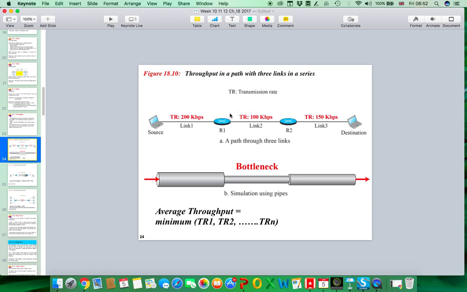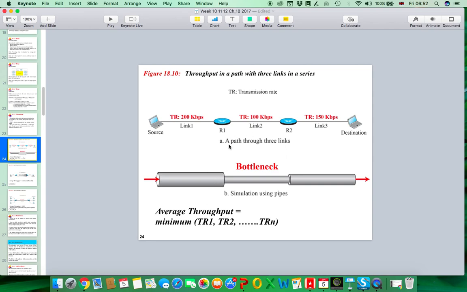The least is 100 in our case, and then it goes up again to 150. So basically you're having a high speed and then a low speed and then something a bit higher. So this link is the slowest link, and this link forms the bottleneck, and this is where the speed will suffer.